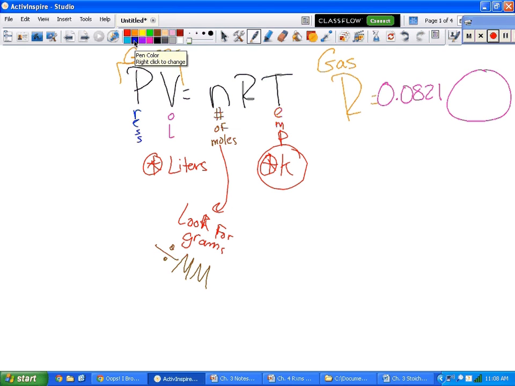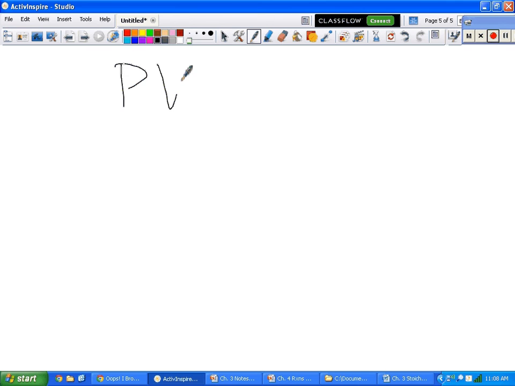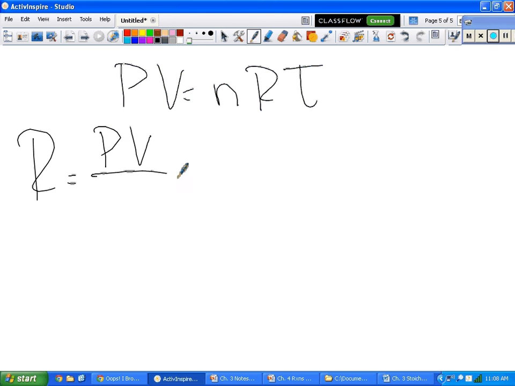So, we know that, watch this real quick. If I take, and I love doing this, PV equals nRT. Rearrange that for R. For R, PV over nT. If we take this and we do this at STP, what is your pressure at STP? 1 atm.